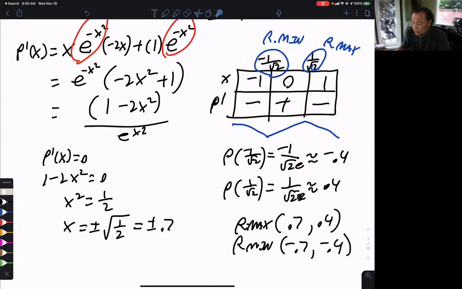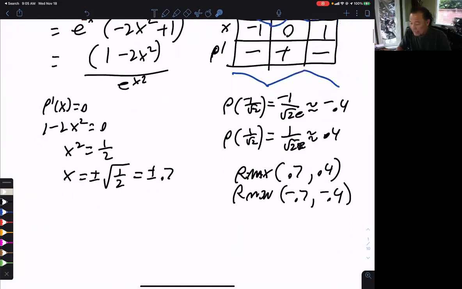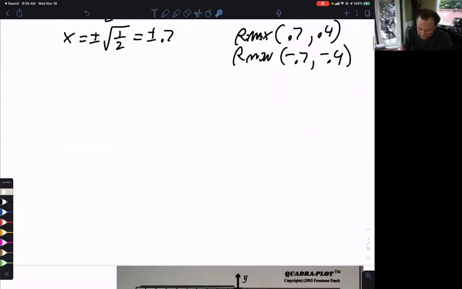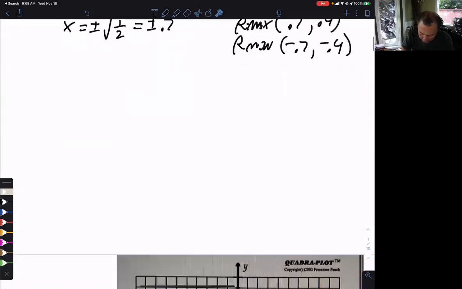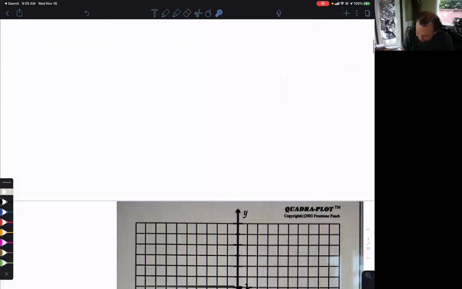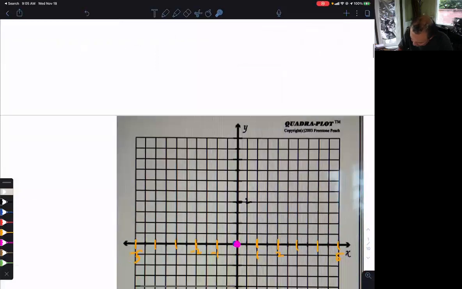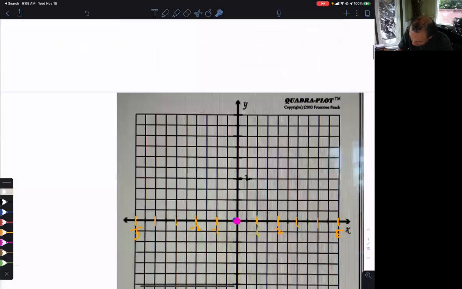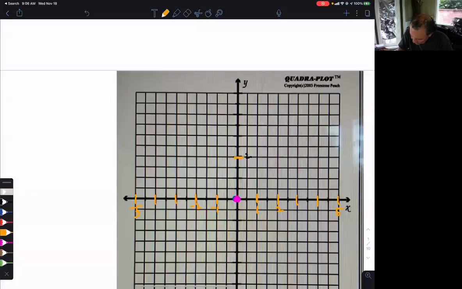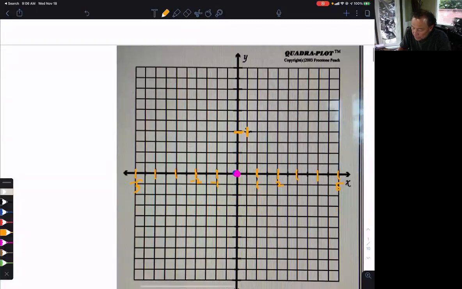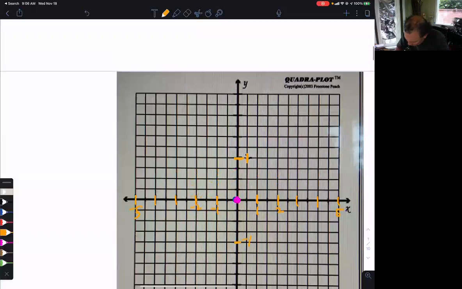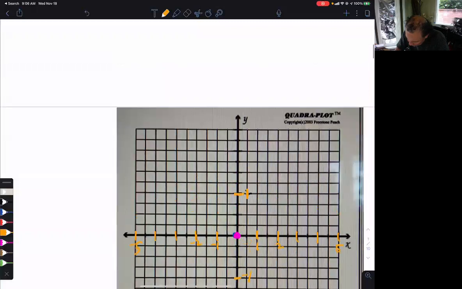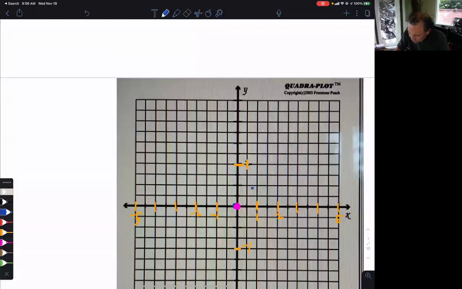So let's plot those points. Relative max at 0.7, 0.4. So I'm going to pick scales here. I'm going to make that 1 and make that negative 1 so I get a better view. So let's plot 0.7, 0.4. 0.7 is there, 0.4 is right around there.